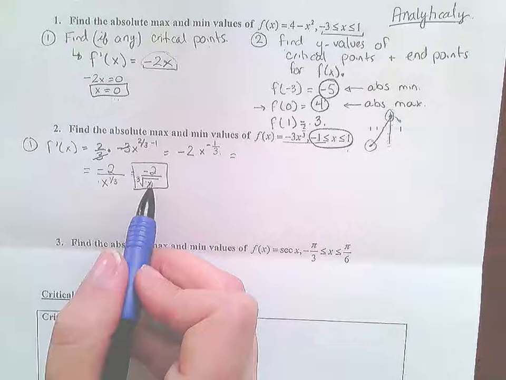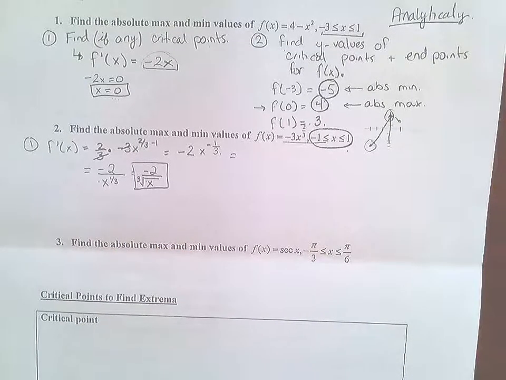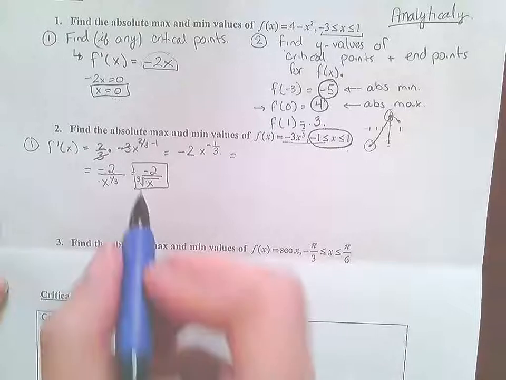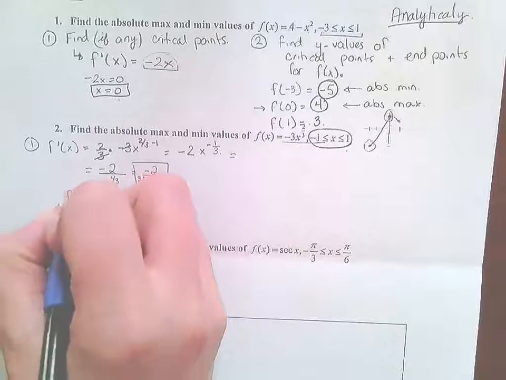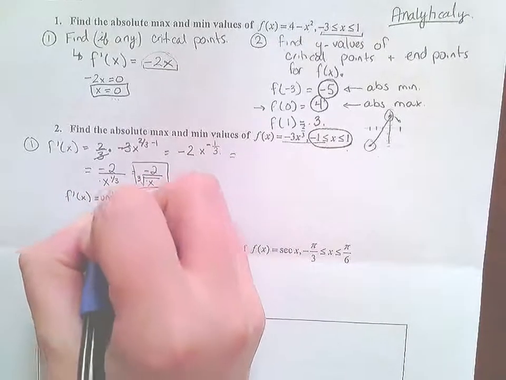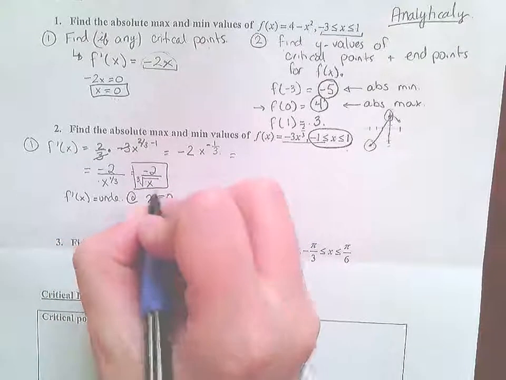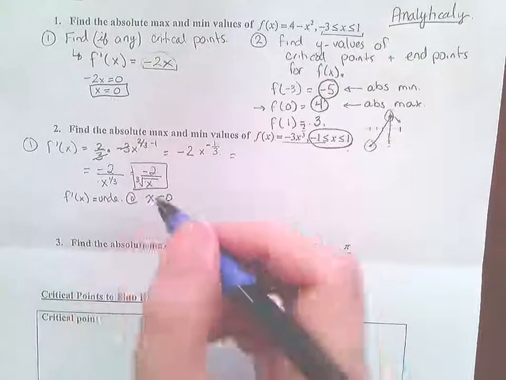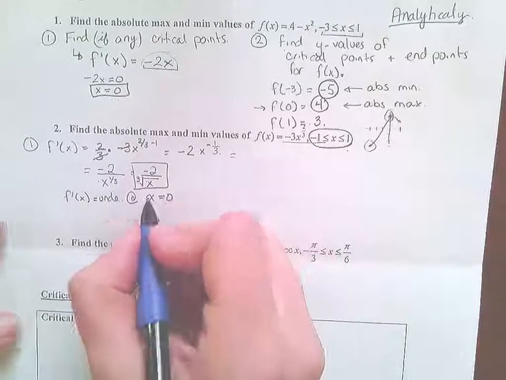And here, the derivative will never be 0, because if it is 0, then it's going to be undefined. So the derivative is undefined at x equals 0 because we have a radical and it's in the denominator, so we can't have a 0 in the denominator. So this is a critical point.